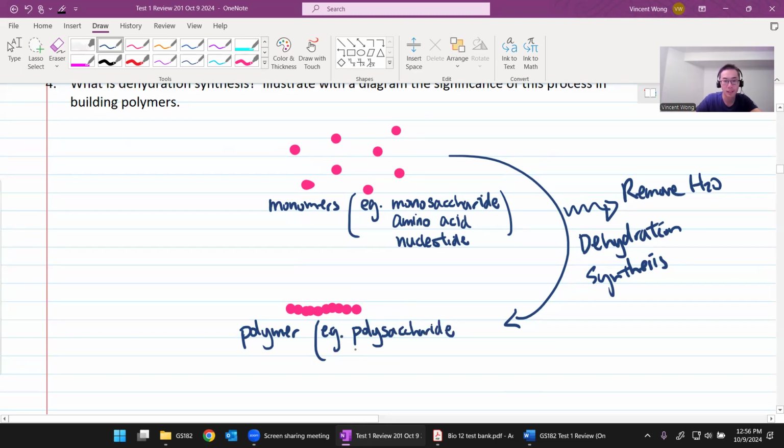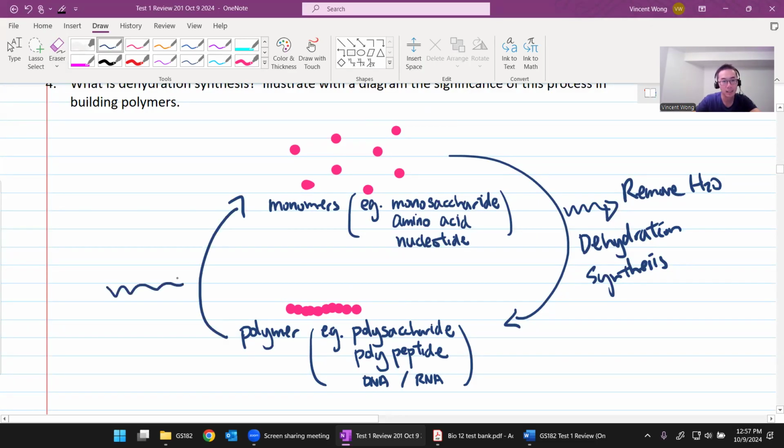You'll get a polypeptide, which is basically protein, and there are different kinds of protein as well. For nucleotides, it's either DNA or RNA. The question didn't mention it, but if you want to break it down, then you have to add water, and that would be hydrolysis.